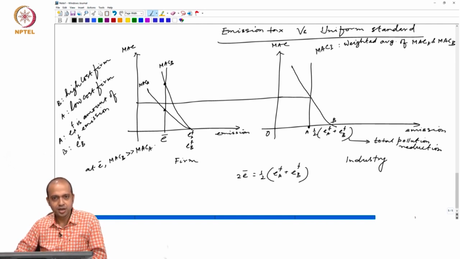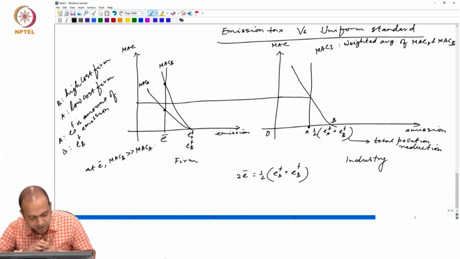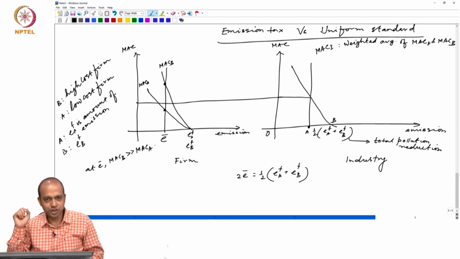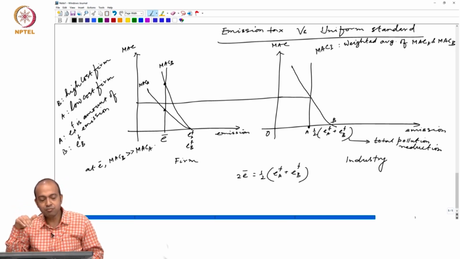So, that means we are imposing a policy at which firm B's marginal cost of abatement is much higher than firm A's. That is why this is not a cost effective system.